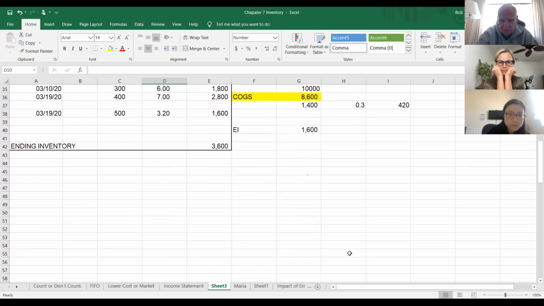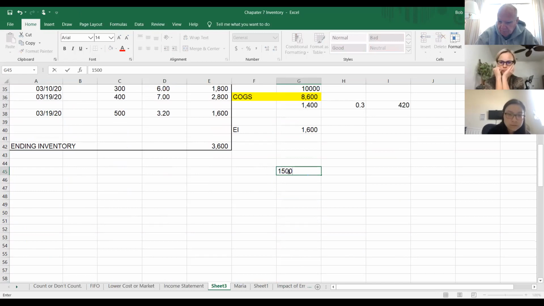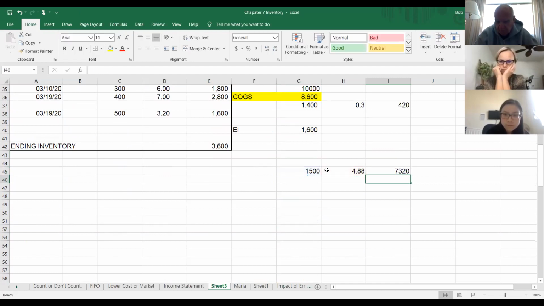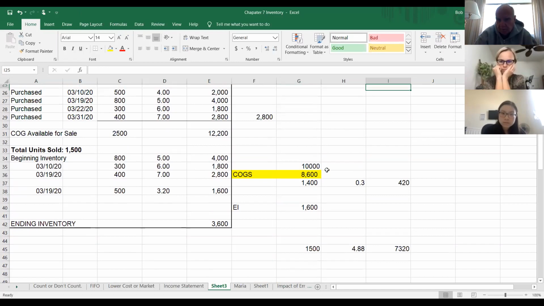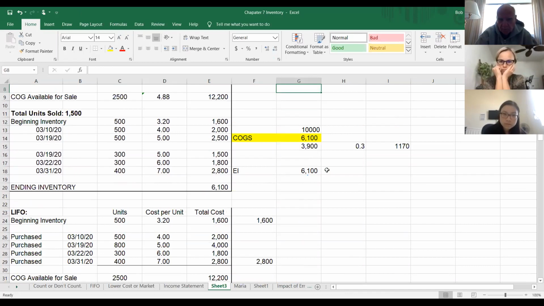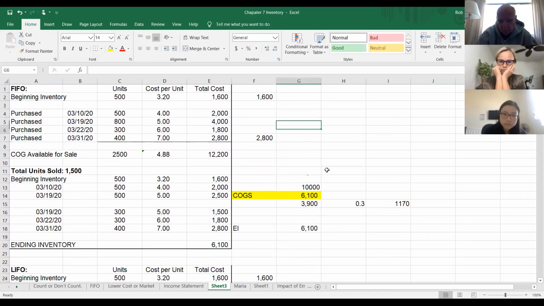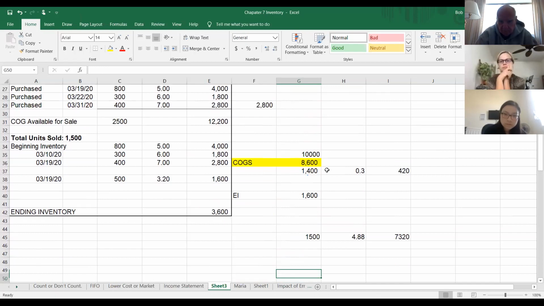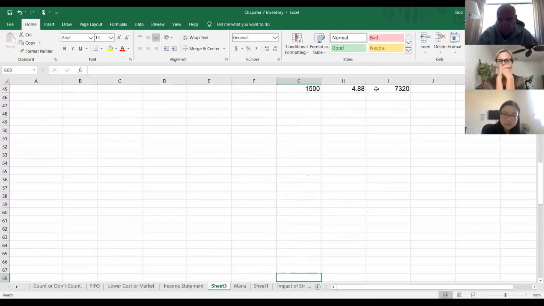So under average costing, we sold 1,500 times 4.88. And hopefully this number will be somewhere in between, huh? 7,320 versus the 6,100 versus the 7,200, whatever it was, average costing.